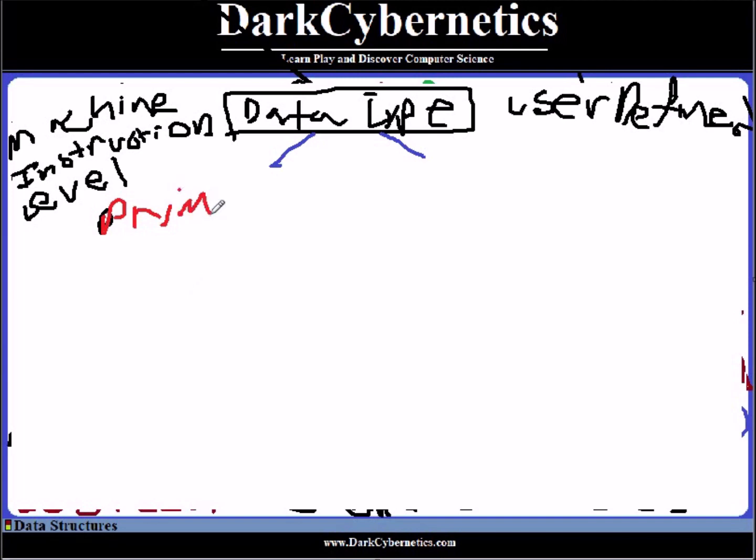We of course have primitives here. We have primitives on this side, and of course booleans, and then from the primitives, the other thing it would extend into are the integer values.